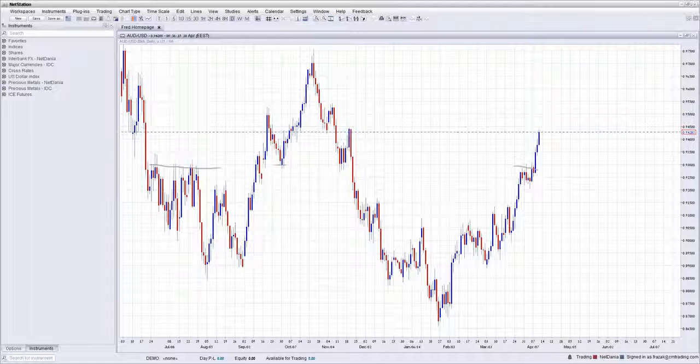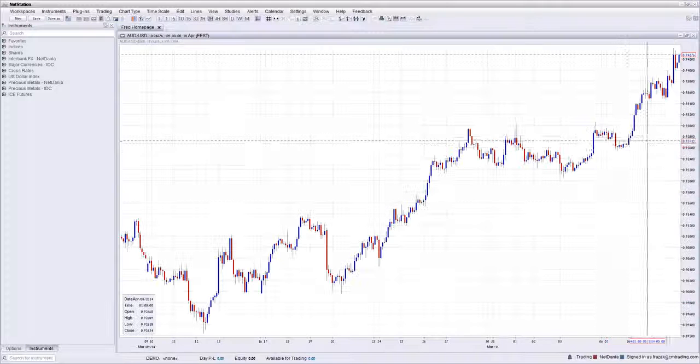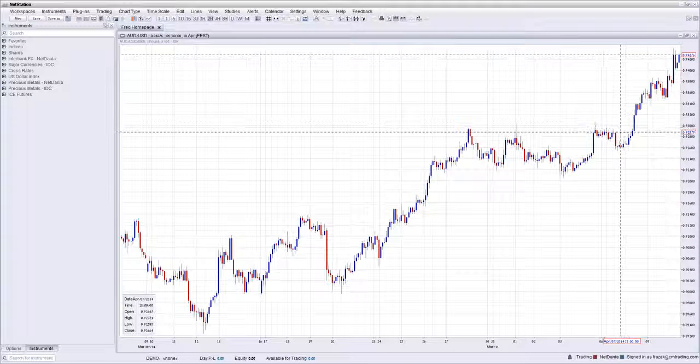We tested it as a support and then as a resistance. So this is a major level. We broke above it yesterday, and we slowly took a little bit of a sell-off, but not much of a sell-off really. It held its levels, really came through, and then broke out even higher.